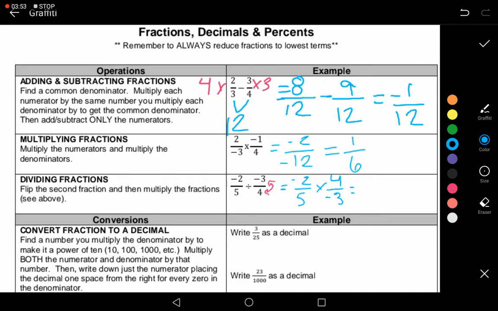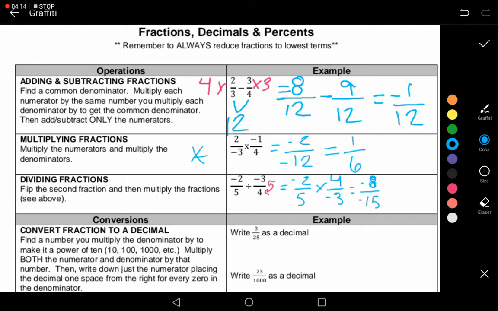We can go back up and look at this one here and see that all we have to do is multiply the numerators and multiply the denominators. So negative 2 times 4 is negative 8, and 5 times negative 3 is negative 15.